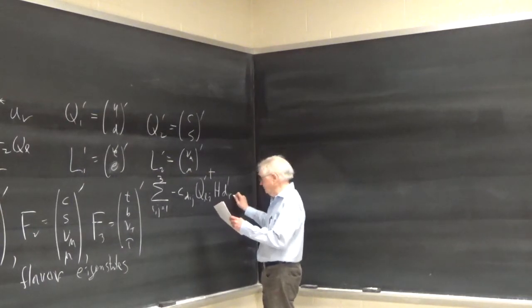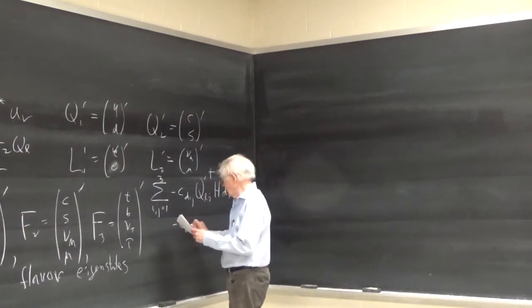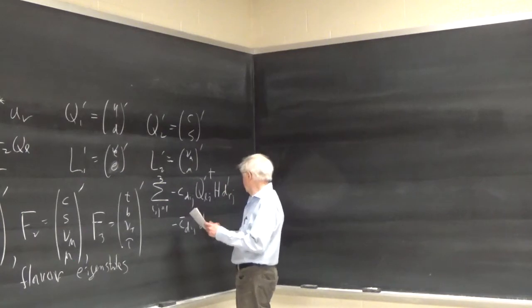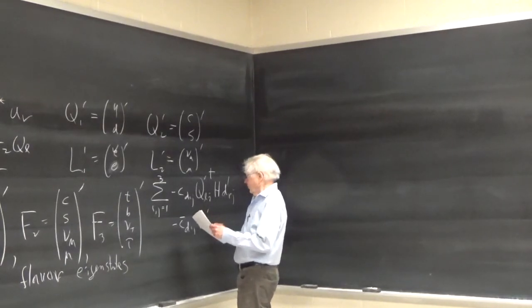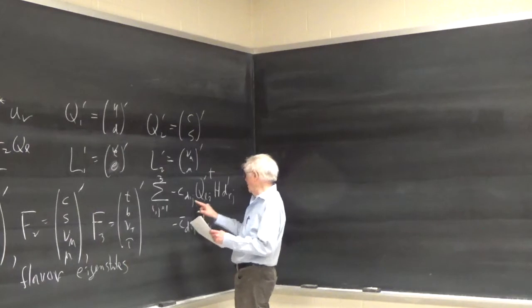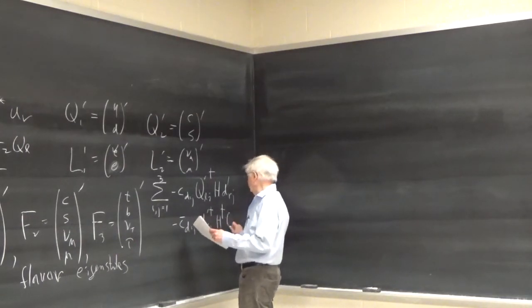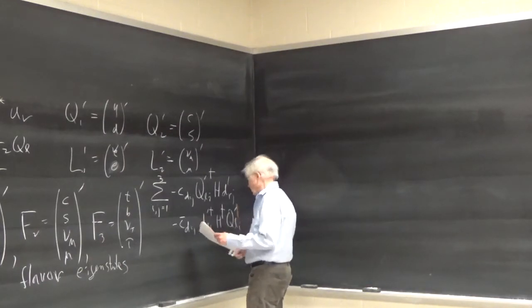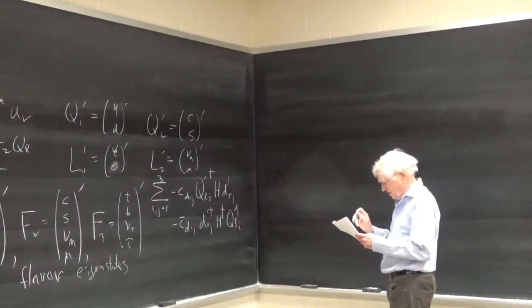D prime R, j, and then, just to make the thing Hermitian, complex conjugate, D ij, D prime right. Well, if we're going to complex conjugate this, then this is D prime right j dagger, H dagger, Q left i, no dagger, prime. I think I got the indices a little mixed up here.